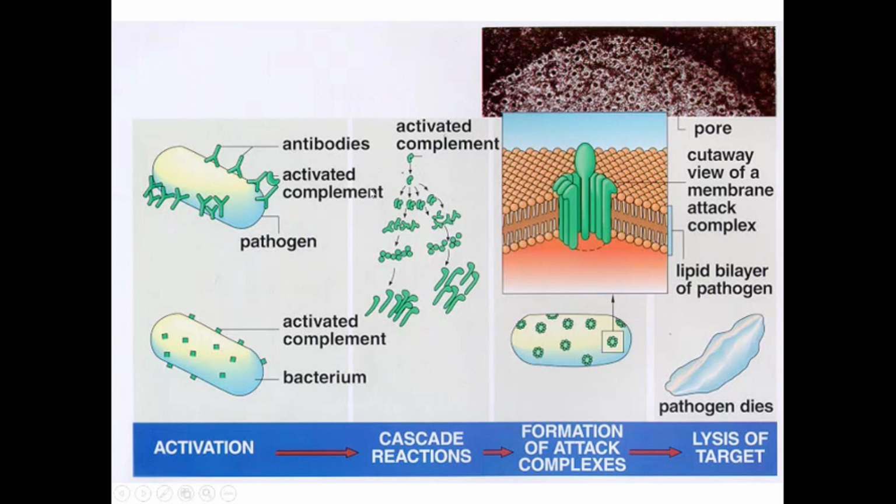The antibody is enough to activate one of them, and then the activated component starts to activate other components in a cascade manner, and finally they assemble and make a pore on the surface of a pathogen, for example a microbe, and cause the pathogen to die.